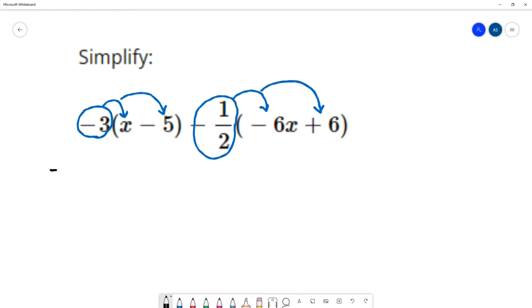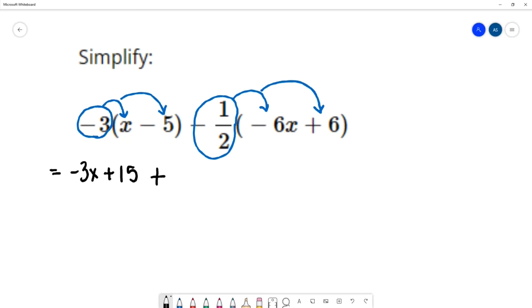When we apply that distributive property, negative 3 times x is negative 3x. Negative 3 times negative 5 is a plus 15. Negative 1/2 times negative 6x will be positive.